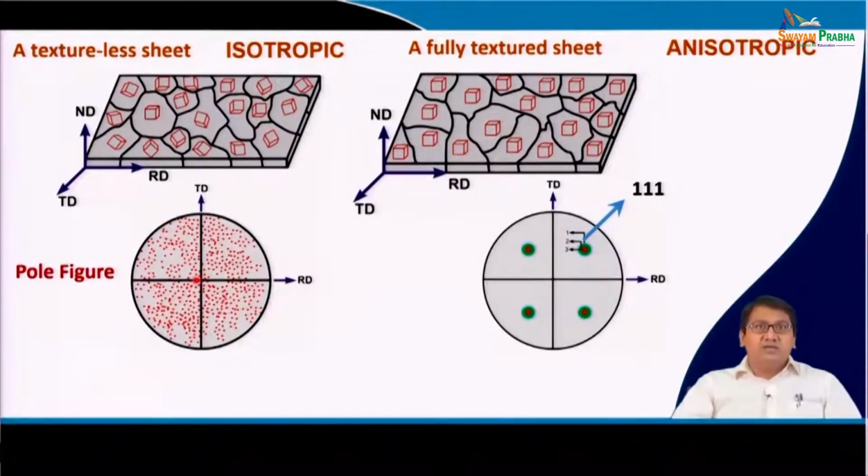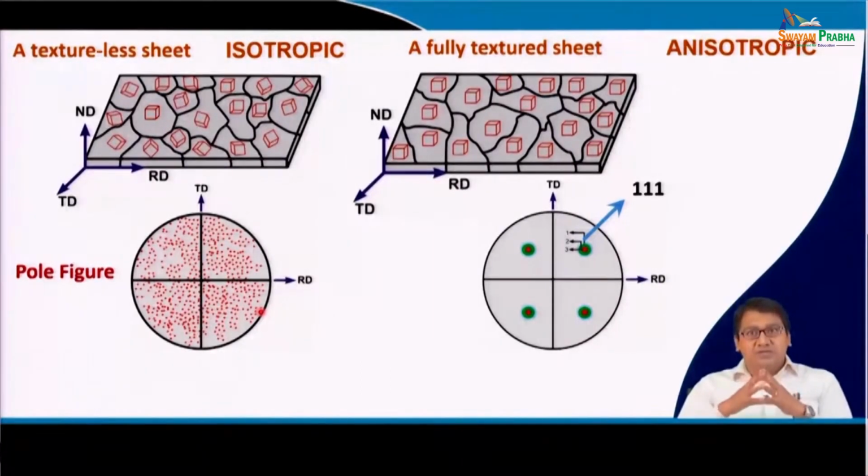And we see that the intensity is not present anywhere as a large intensity, it is present throughout the pole figure and no peak in the intensity is observed. So, that means that this material has a totally random texture, or you can say that there is no texture present in this material, and therefore, the sheet is basically a textureless sheet.